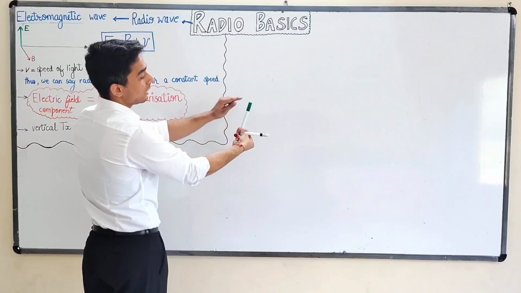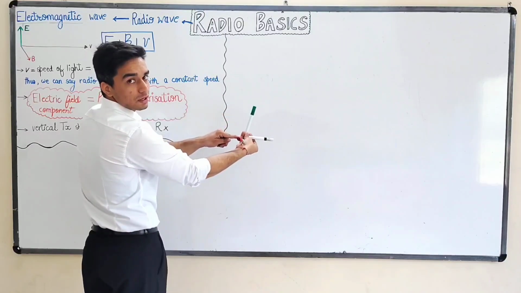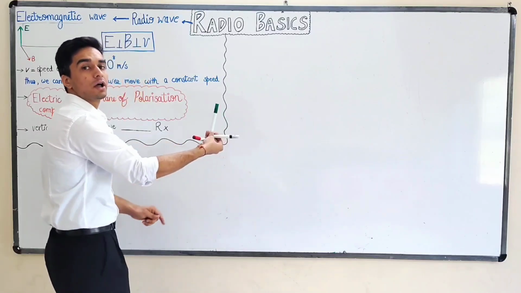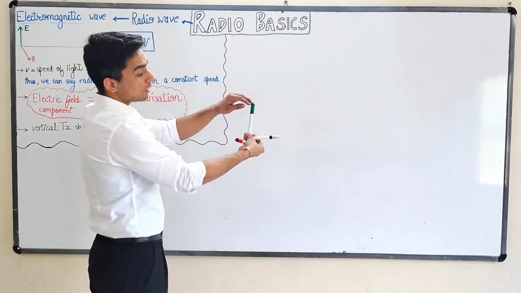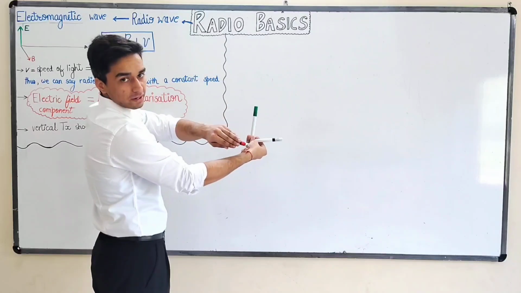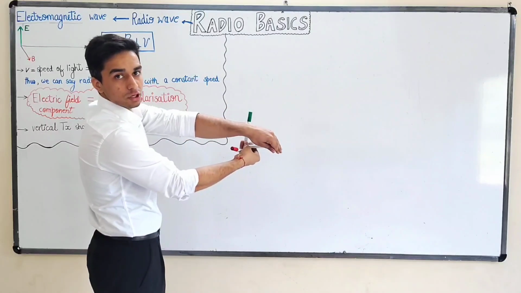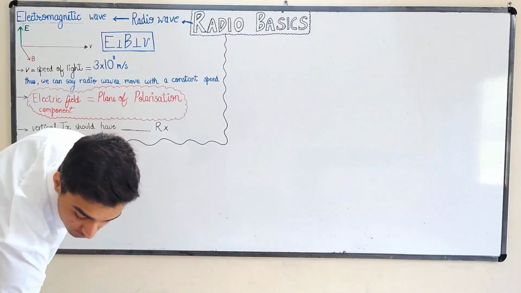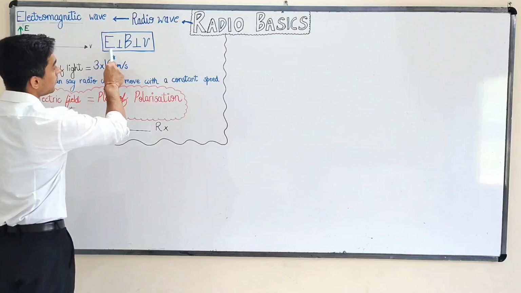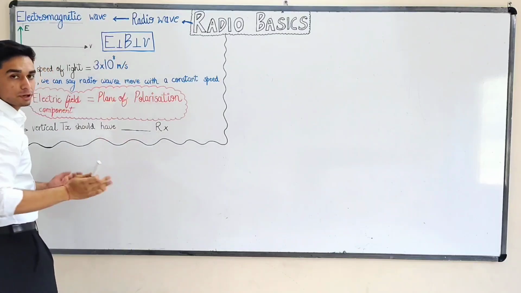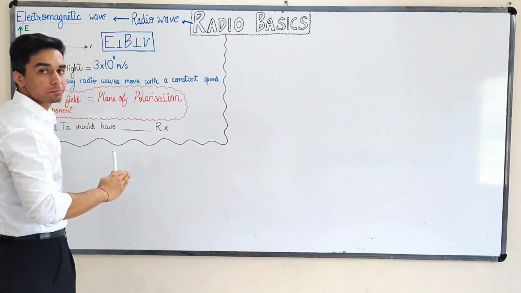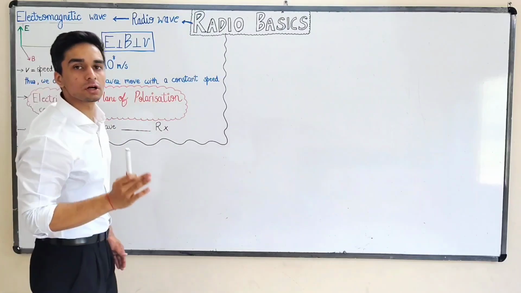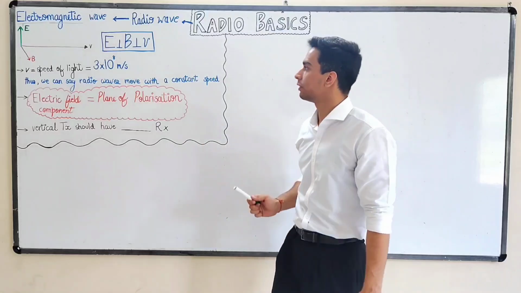With this, we can see that our electric and magnetic field are perpendicular to each other. Perpendicular means at an angle of 90 degree. And we can also see that electric and magnetic field are also perpendicular to the direction of propagation. With this, we can conclude that electric field and the magnetic field which are produced while propagating are perpendicular to each other, and both of these are also perpendicular to the direction of propagation of wave.